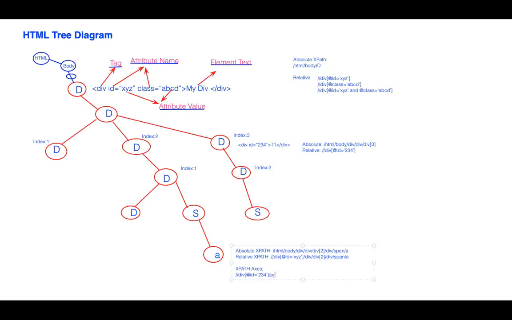The phrase would be preceding-sibling, right? I think I made a spelling mistake, preceding-sibling. Now preceding-sibling actually means I want to get a sibling of it which is preceding, like which is coming before me, which is this element, right?